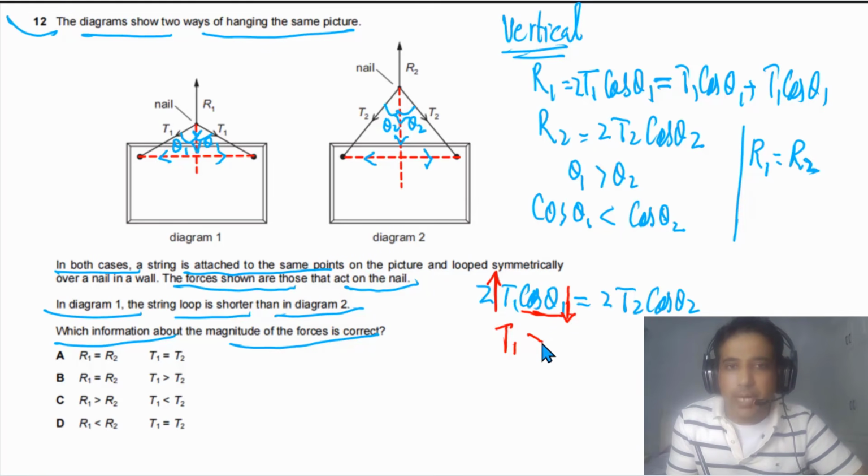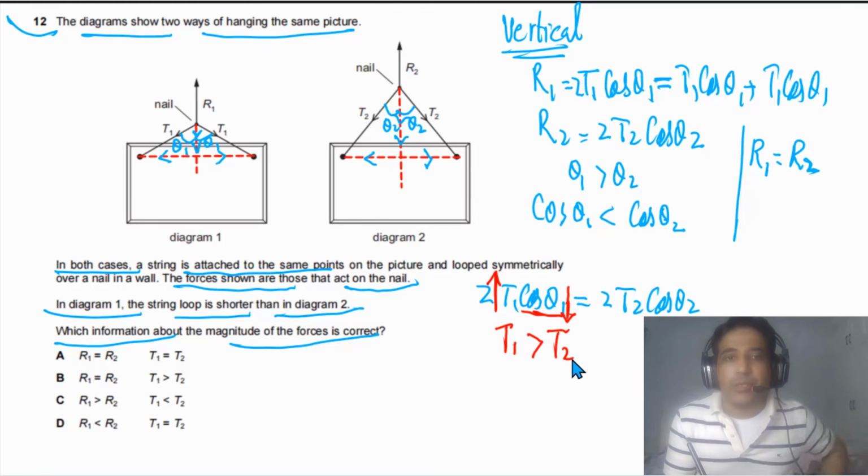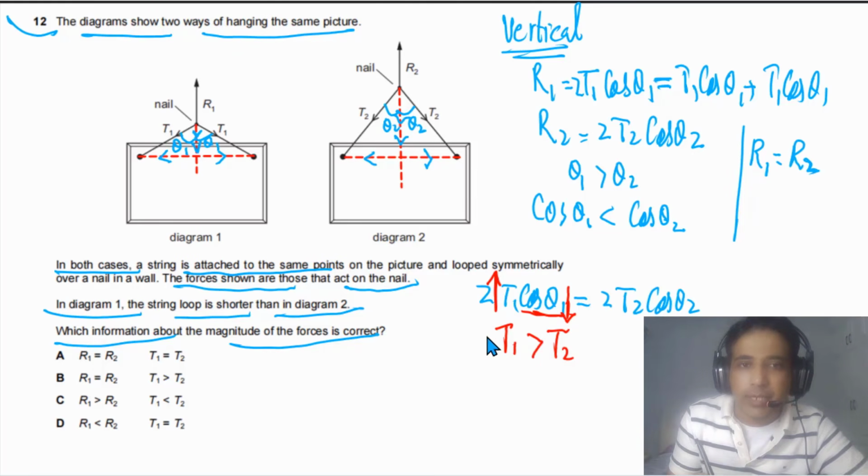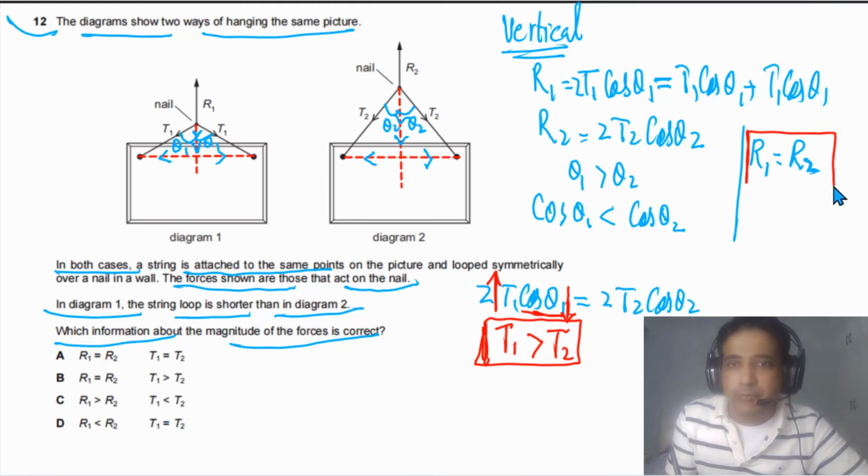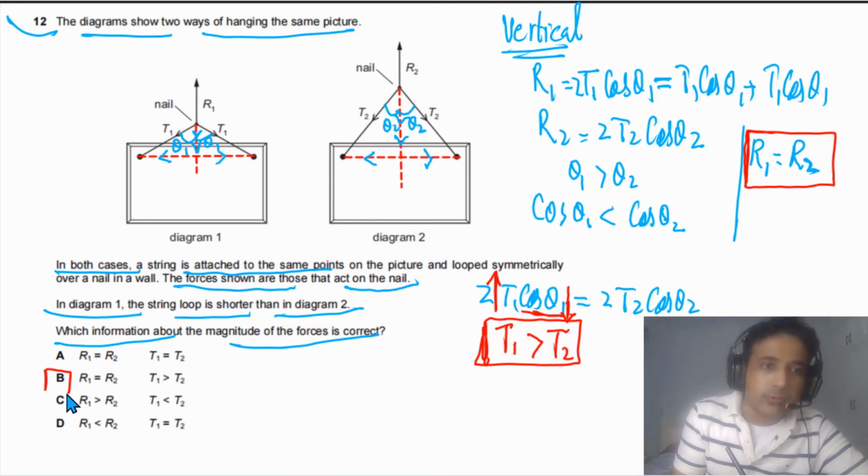So T1 has to be greater than T2, and R1 is equal to R2. Why? Because the same picture is hanging, so the force of gravity acting on this picture is the same. So the answer for this question has to be B.